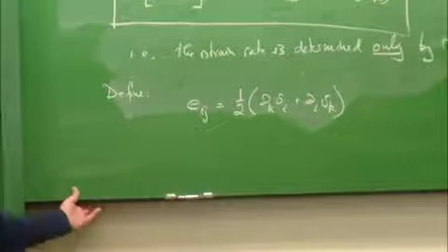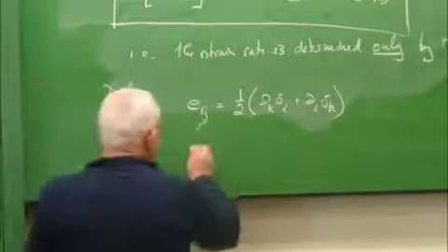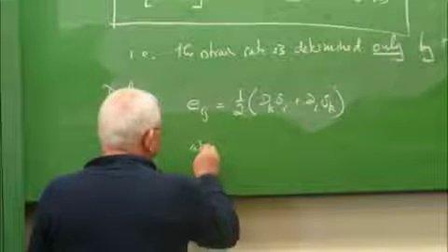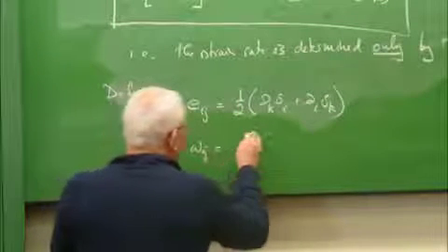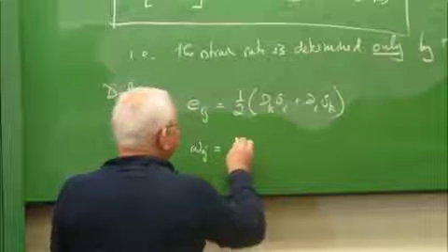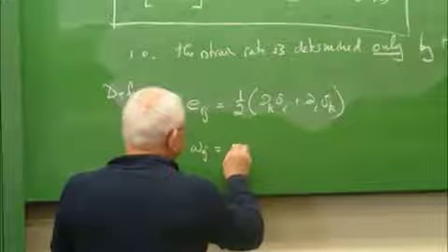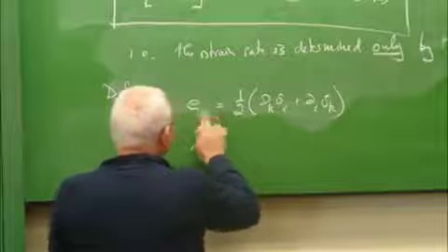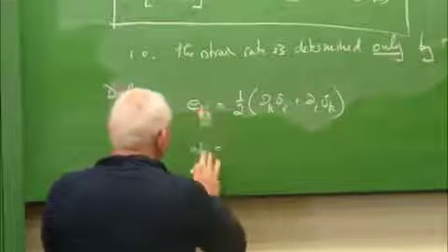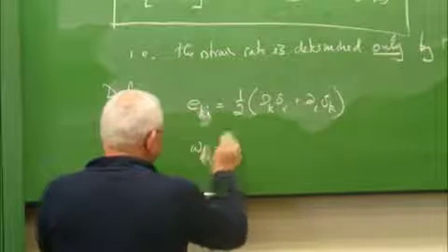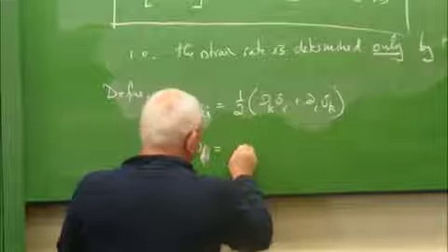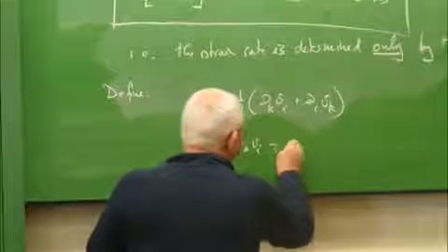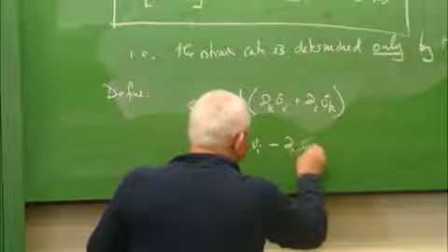A little bit inconsistently, I'm going to call twice the antisymmetric part omega ij. You'll see the reasons for this a little bit later. I'm sorry, there's an inconsistency here. This is ki, and this must be ki. And I'm going to define this one to be dk vi minus di vk.